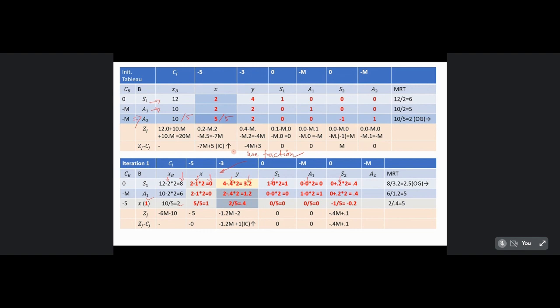So crux is that use fraction for accuracy.